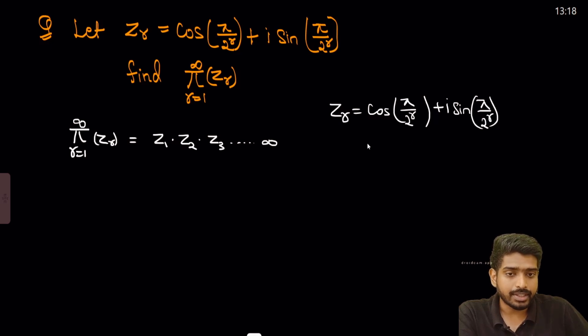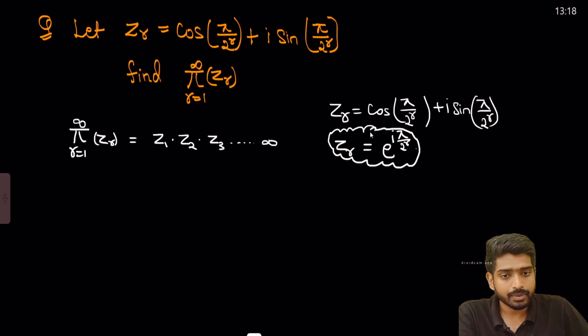So if I write this in Euler's form, see, the magnitude is 1, because magnitude means the square root of the real part squared plus the imaginary part squared, and cos squared theta plus sin squared theta is 1. So the magnitude is 1, and we can write this as e to the power i pi/2^r. This is my complex number z_r.